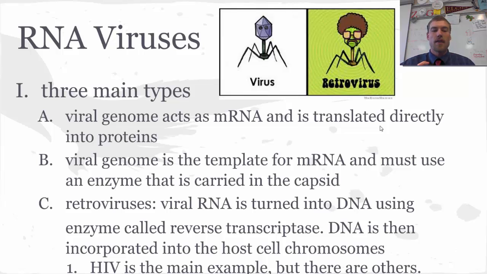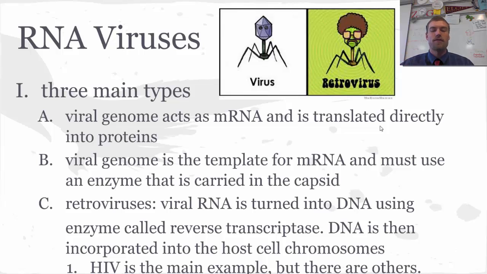There are those where the viral genome acts as mRNA, and it's translated directly into proteins. We can have viral genomes acting as a template for the mRNA. So the RNA actually gets transcribed into other RNA, using an enzyme that it carries in the capsid to accomplish that. And then finally, we've got retroviruses, which are the most well-known of these.